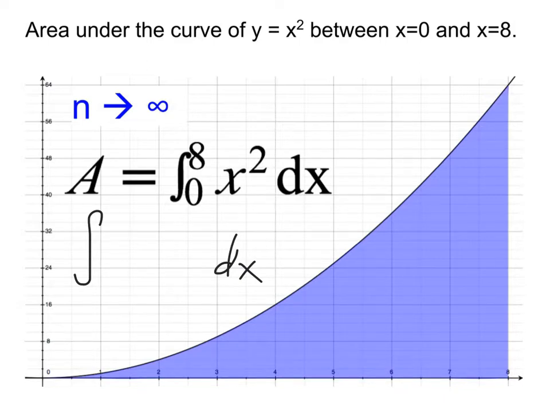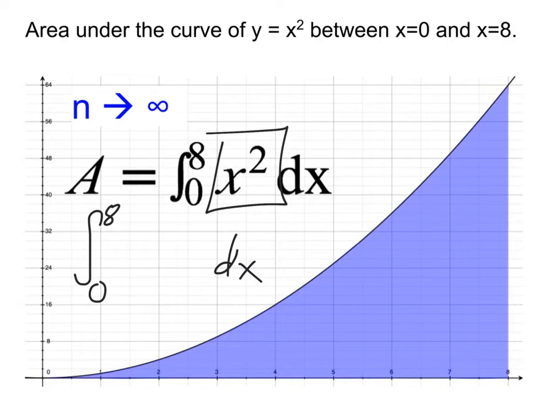All right, then as we write this, the 0 and the 8 represent our starting and ending values. The lower number is always the lower of the two numbers, so the 0 on the bottom must be smaller than the 8 on the top. And then whatever's in the middle, in this case the x squared, that's always whatever f of x is.